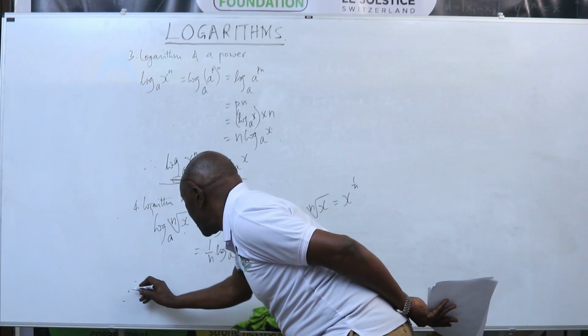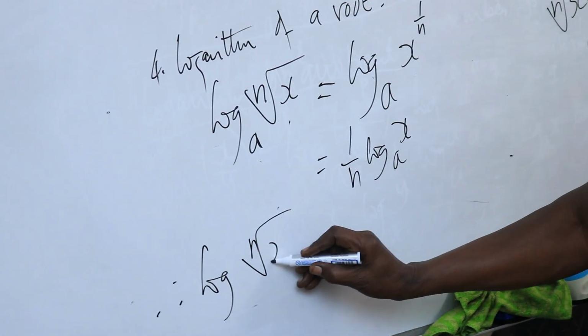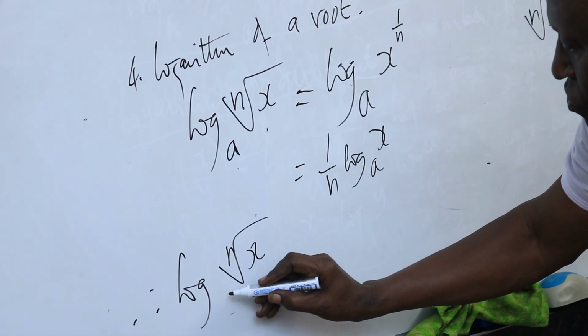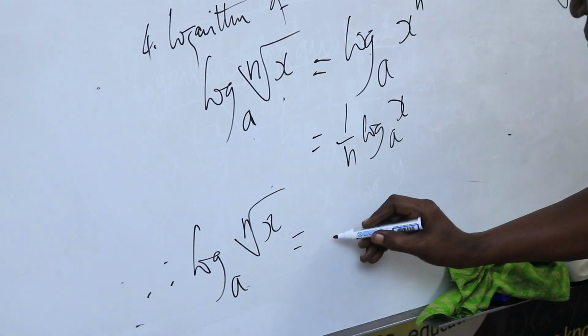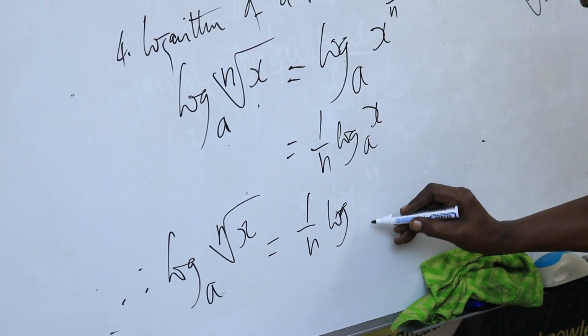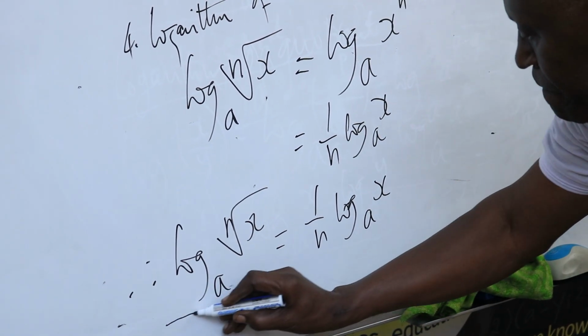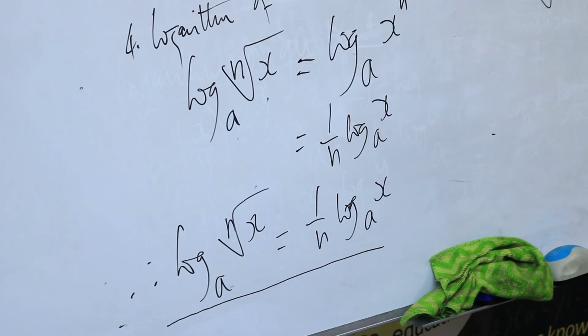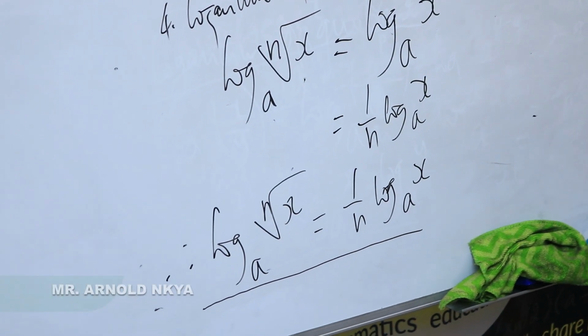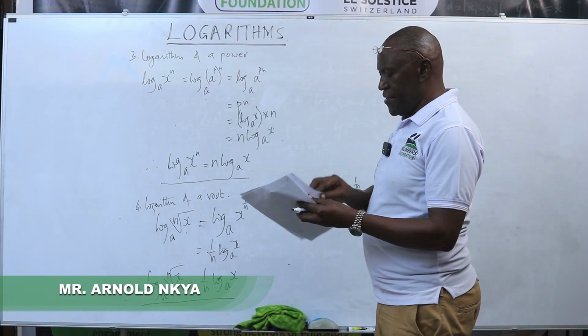In so doing, it means the logarithm of the nth root of x to base a is just equal to 1 over n log x to base a. So that takes us to the end of the laws of logarithms.